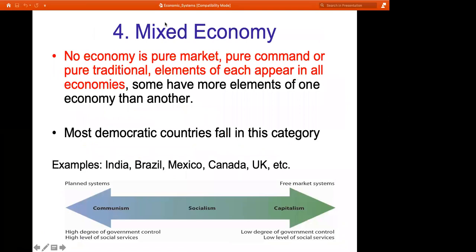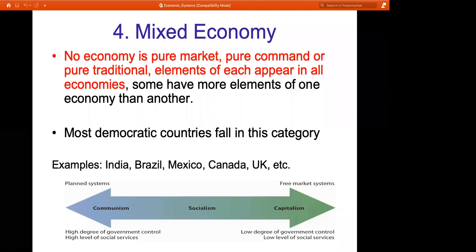So the next is the mixed economy. In general, no economy is a pure market, pure command, or pure traditional. Under capitalistic, people are free to choose anything, whatever they want, and free to produce and consume whatever they want.